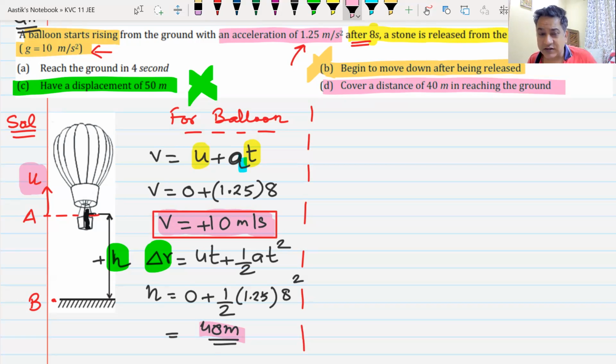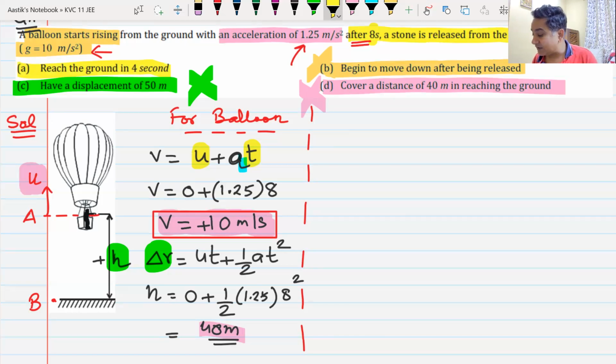The distance covered is not 40 meters. The magnitude of displacement is 40 meters, but distance covered is not 40 meters. So this option is also wrong. So you don't have to calculate anything. You get the answer straight away as option number 1. And option number 1 is the correct answer.